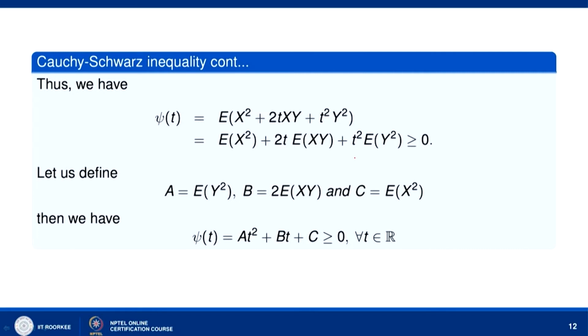Now, let us denote the expectation of Y squared by a, 2 times the expectation of XY by b, and the expectation of X squared by c.